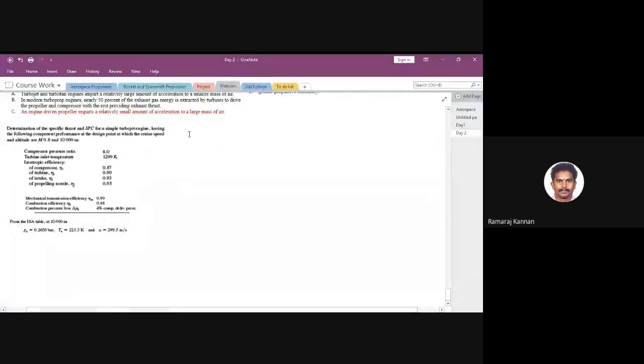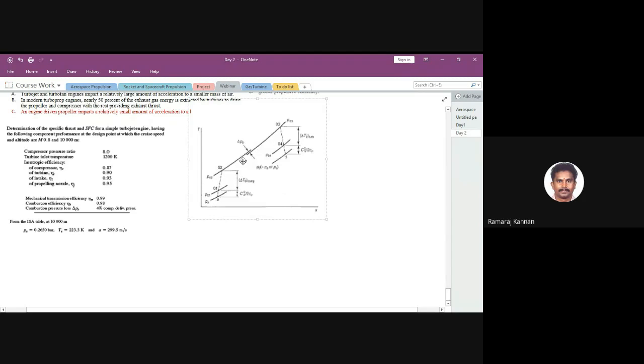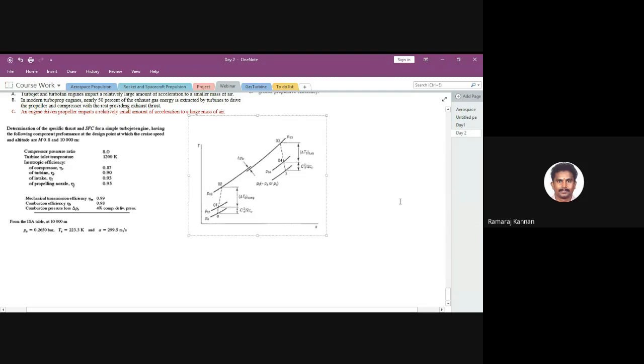The first thing that you have to do is draw the T-S diagram for that, because here we are going to deal with an ideal cycle with losses.